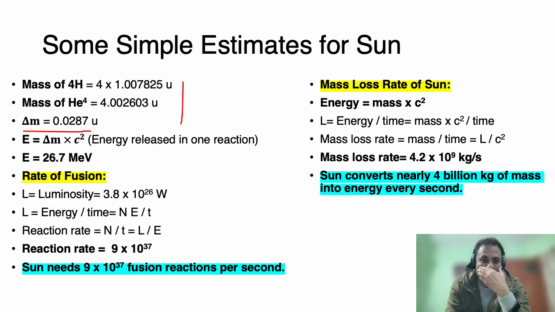If you multiply this by c squared, it will give you 26.7 MeV energy. This is for one reaction only. So we want to see how many reactions should be happening in 1 second if we want to get from the sun as much energy as we get.